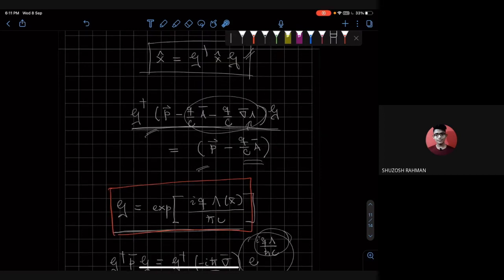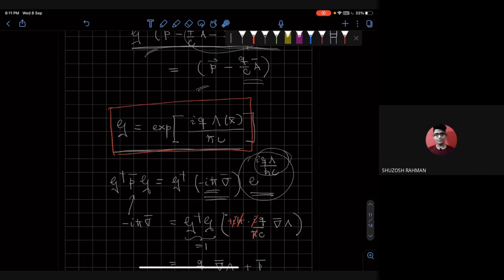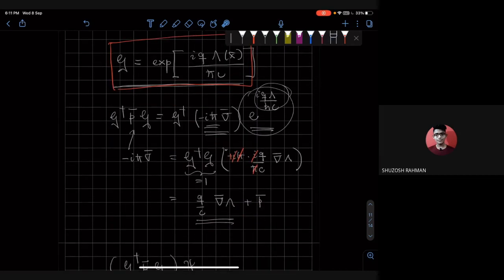And then what I'm saying is that if I take this calligraphic G to be this exponential function, where this is the gauge function, then both of these things are satisfied. And that is a small computation that you do, okay?